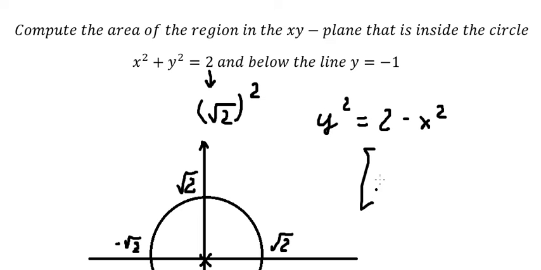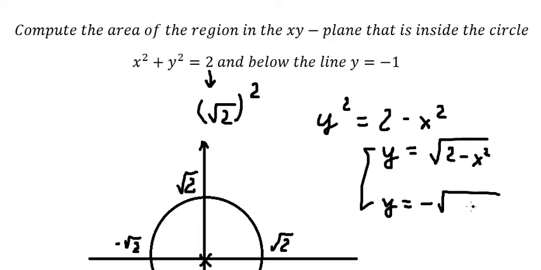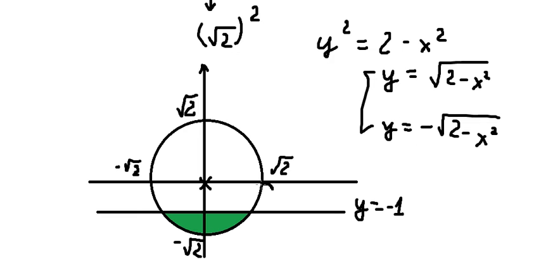So we have y equals the square root of 2 minus x squared, and y equals negative of the square root of 2 minus x squared. So this curve in here is y equals negative of the square root of 2 minus x squared.